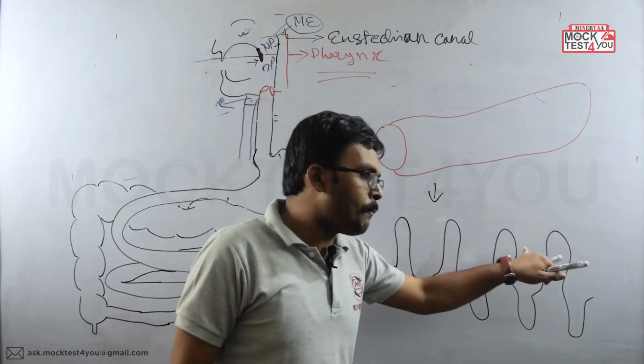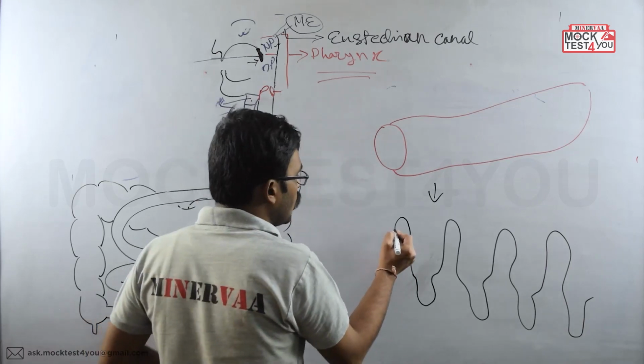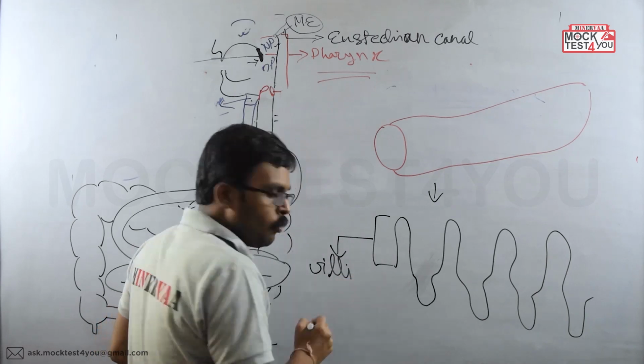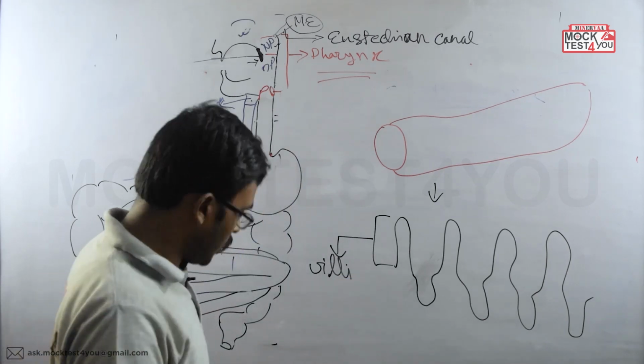Now these finger-like projections are called as what? All of you know. These finger-like projections are called as villi. In singular form, it is called as villus, okay.